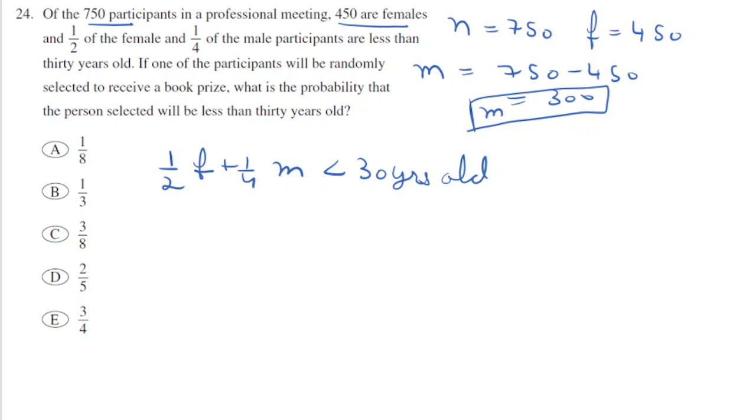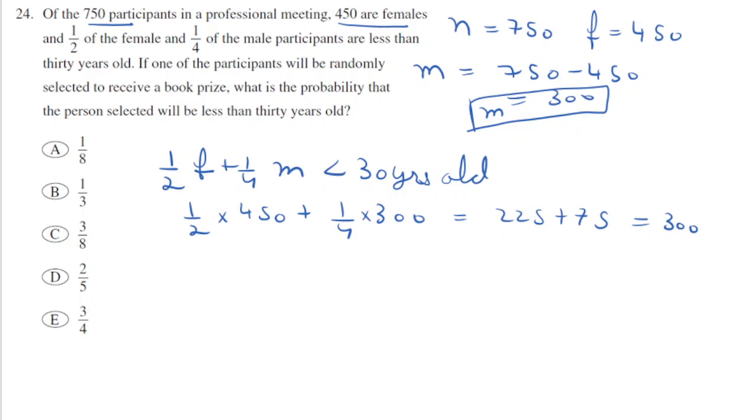So this quantity will be 1/2 of f, or the number of female, which is 450, plus 1/4 of m, which is number of male, equal to 300. Solving this will give me 225 plus 75 equal to 300.